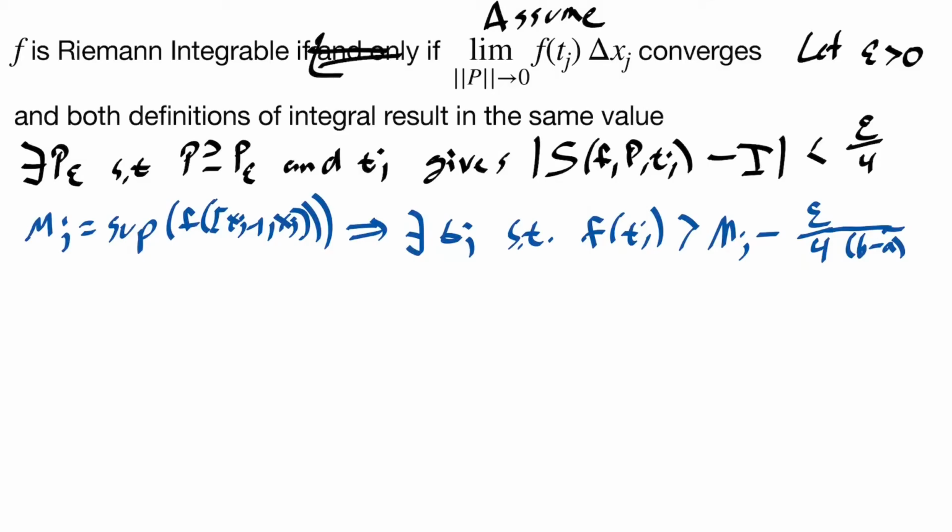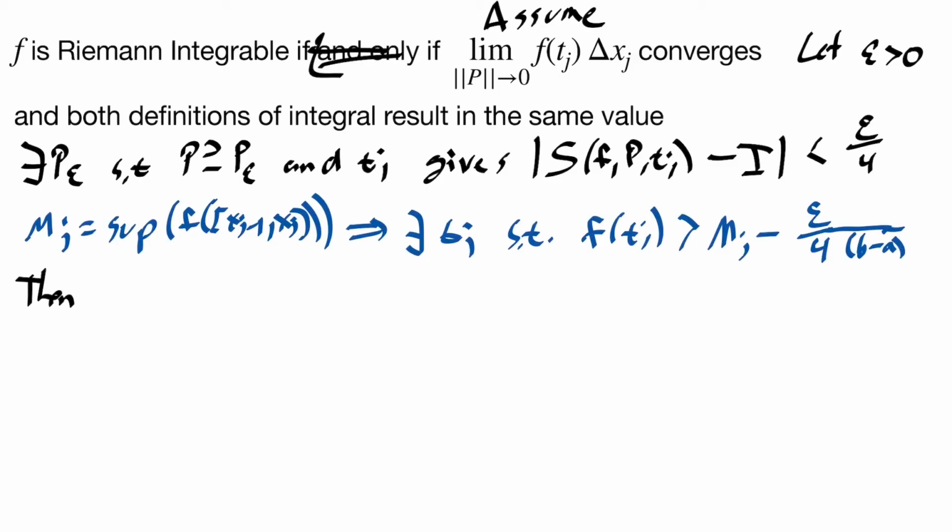Okay, so now all I'm going to do is ask, well, what if I choose these tj values, because I know that every tj value gives me less than epsilon over 4. What if I chose these tj values? Then what would happen?